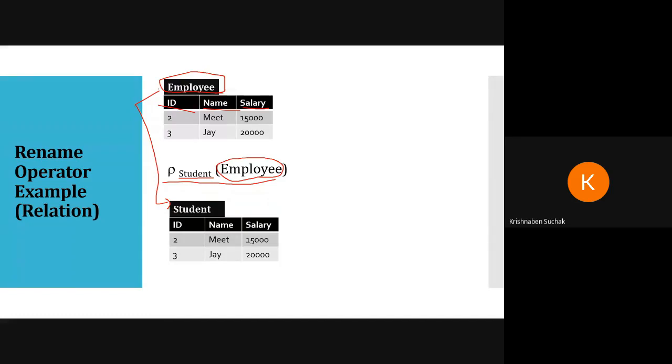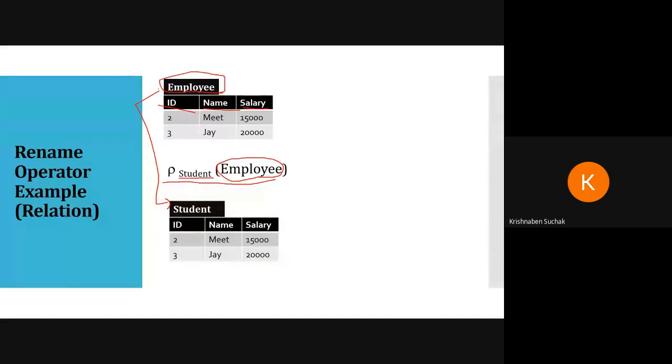Row enrollment employee. No, Ramesh. Here I am saying I want to change the attribute name ID to enrollment number. Student dot ID bracket enrollment number. No. Yes, enrollment number employee.